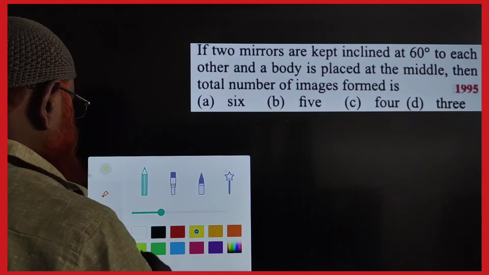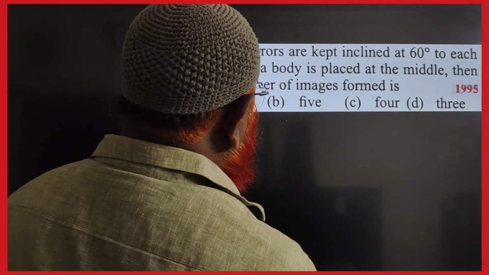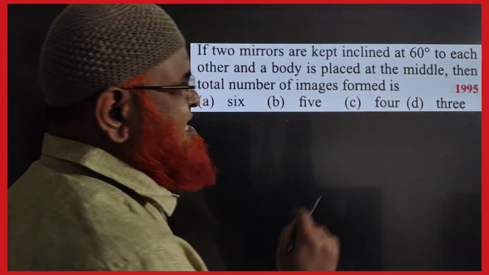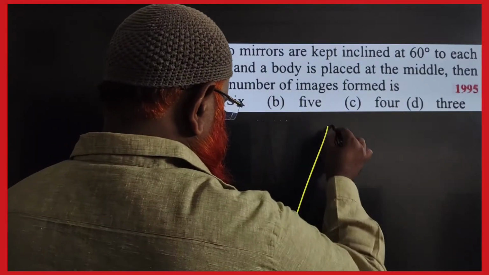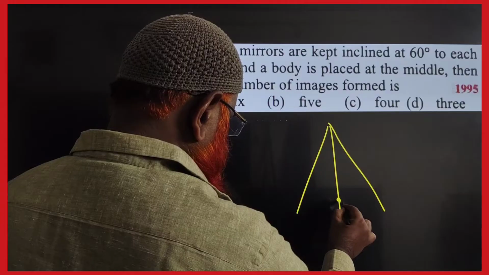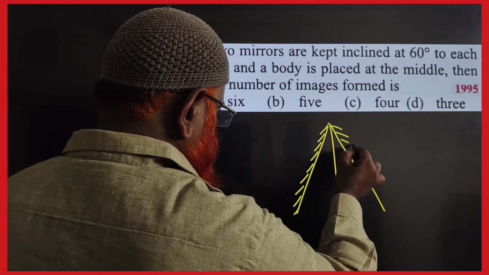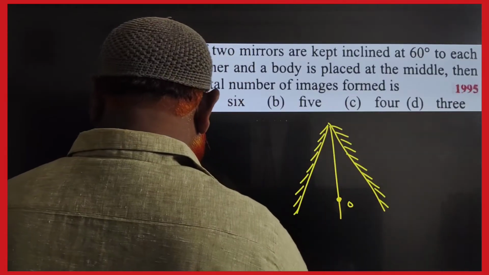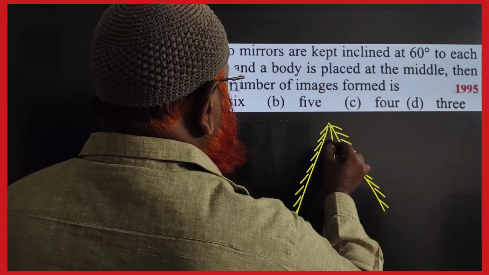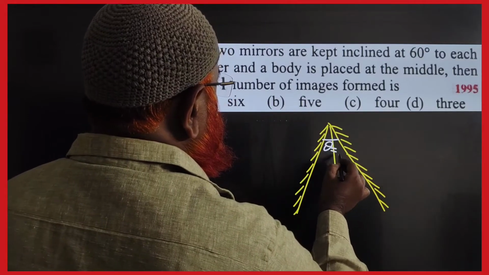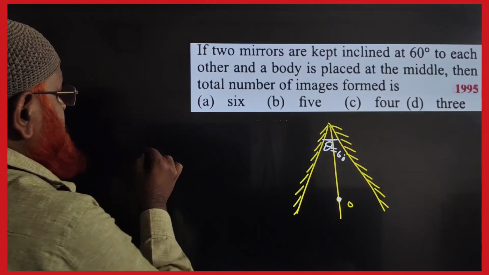So how are you going to solve this problem now? Let us see. Two mirrors are kept at 60 degrees to each other, and the body is placed at the middle. Means it's a case of symmetry. There are two mirrors, and the object is kept here. So what is the angle theta here? 60 degrees. Okay. So what is the answer now?